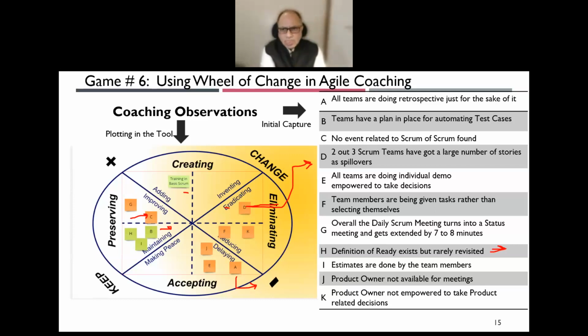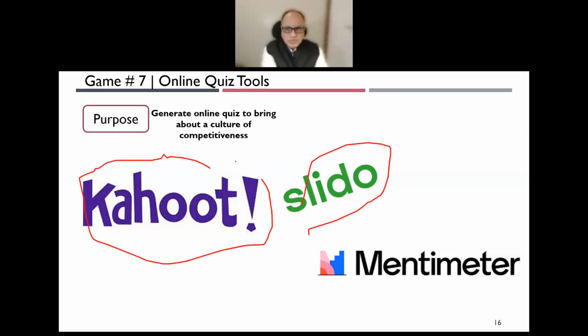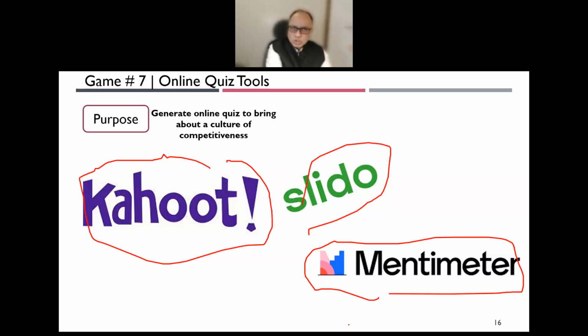One of the last items, it's not a game actually, these are just some additional tools which I'm sure many of you would be using. I use them regularly. We have Slido, where you can do an online quiz. We have Kahoot, which is also a gamification tool. And of course, we have Mentimeter, right? I mean, these tools we all should be using.